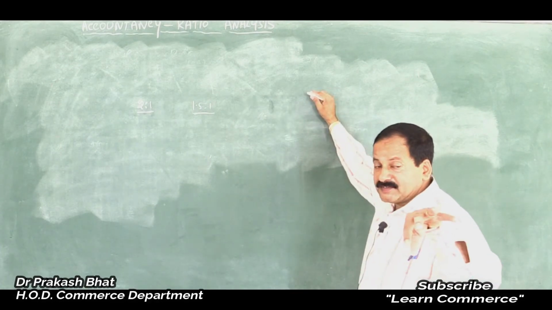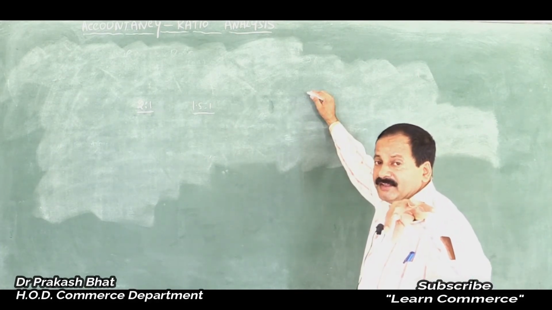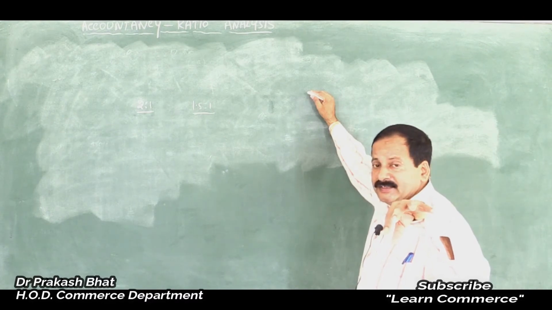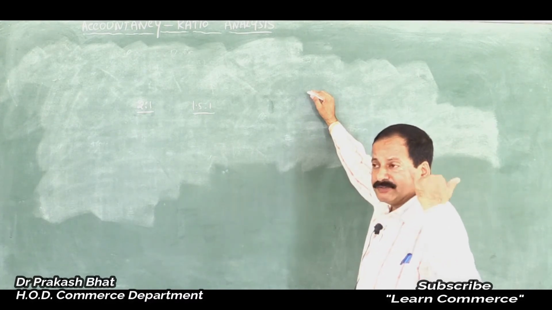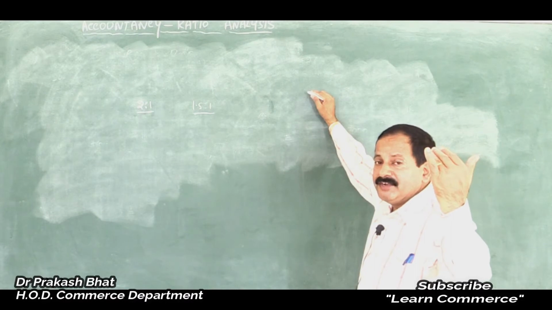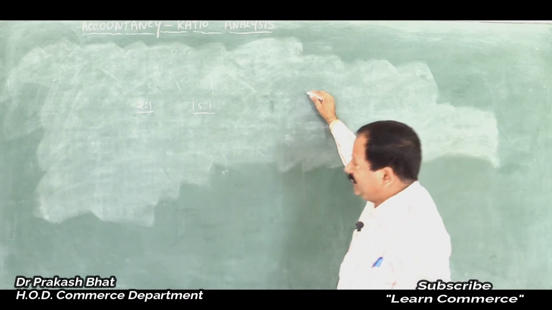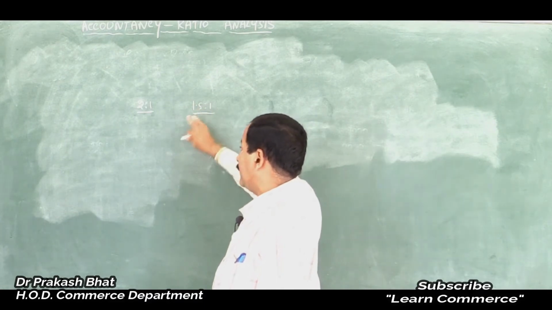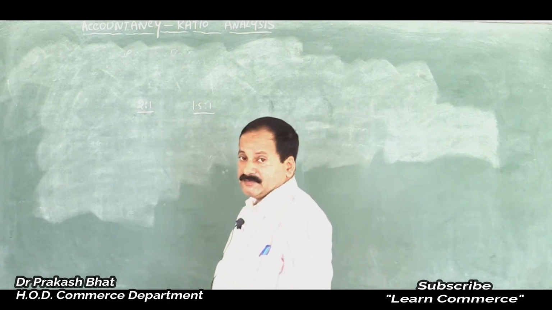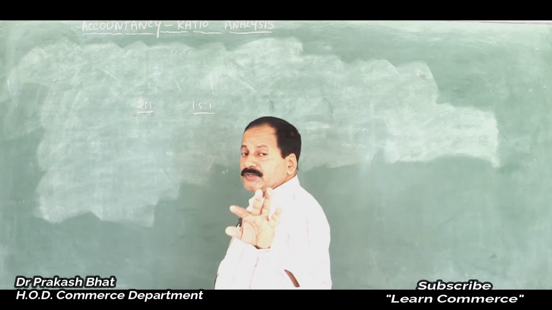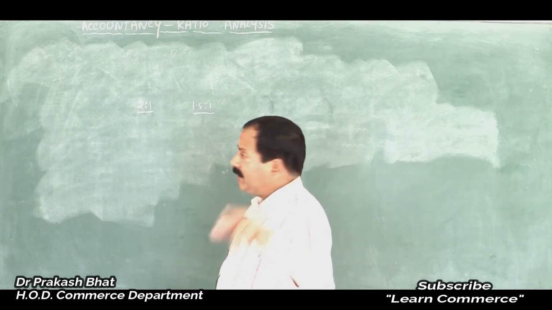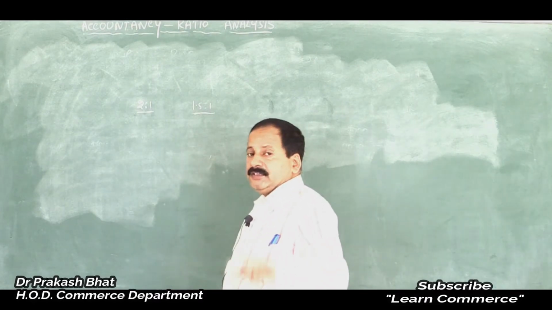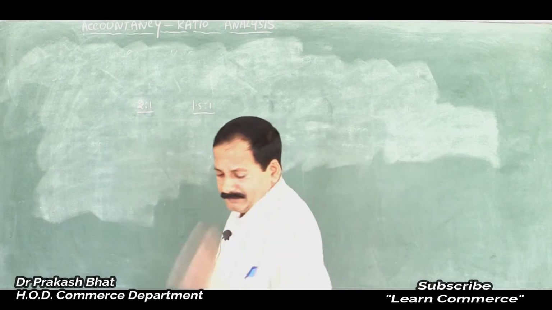There you will get cash every day, so no need to worry about the liquidity position of the business. Here, even 1.5:1 or even 1:1 is also ideal. But they may ask you, what is the rule of thumb for current ratio? Then you must write 2:1 is the rule of thumb. Clear?